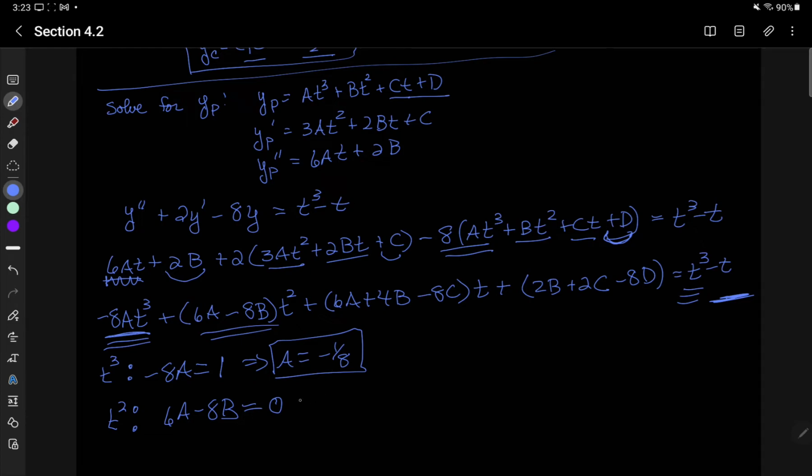And if I solve this for b, it's going to give me b is equal to 6a over 8, which is 3/4 a. And then a is negative 1/8. So I get 3/4 times negative 1/8, which gives me negative 3/32. So b is negative 3/32.